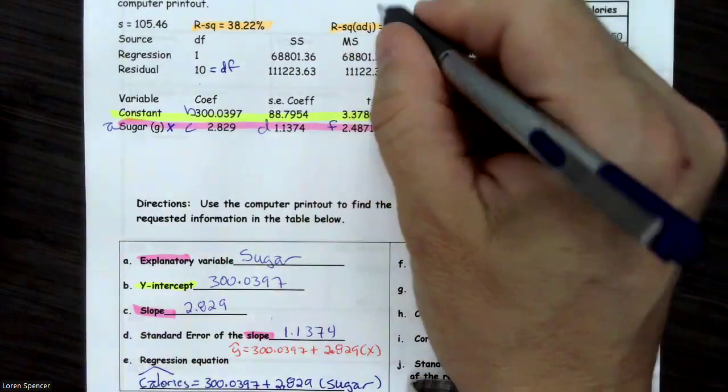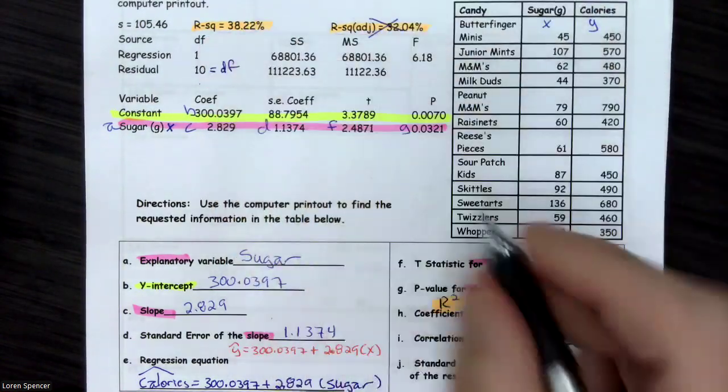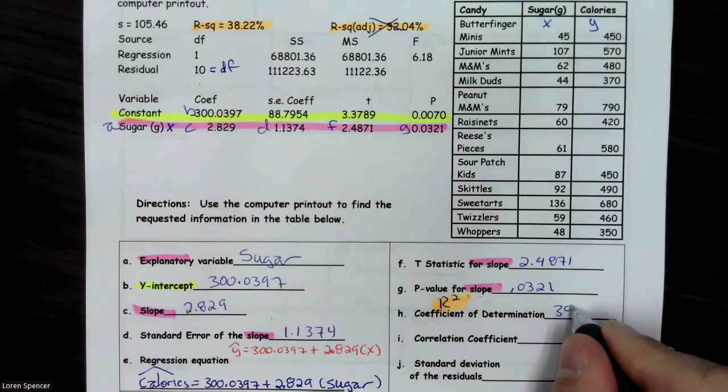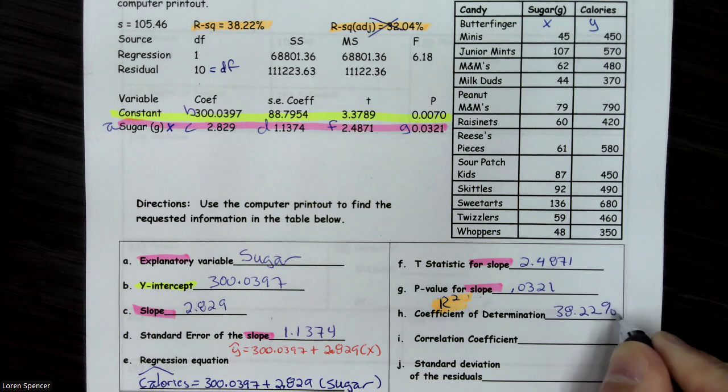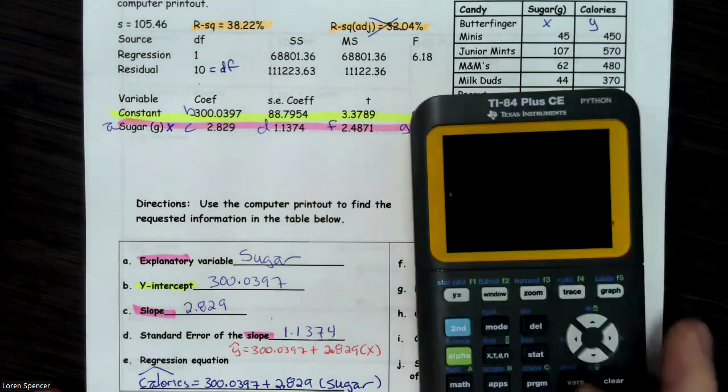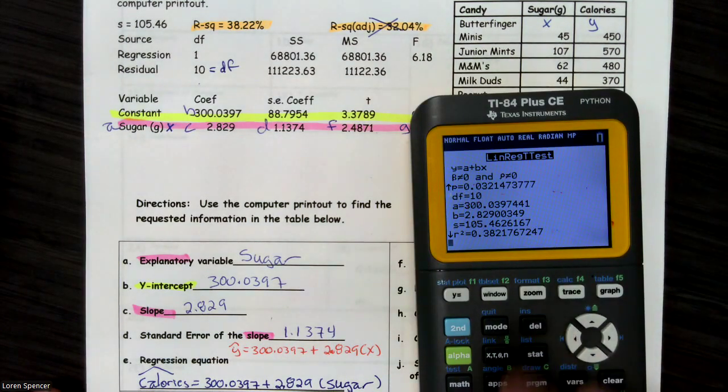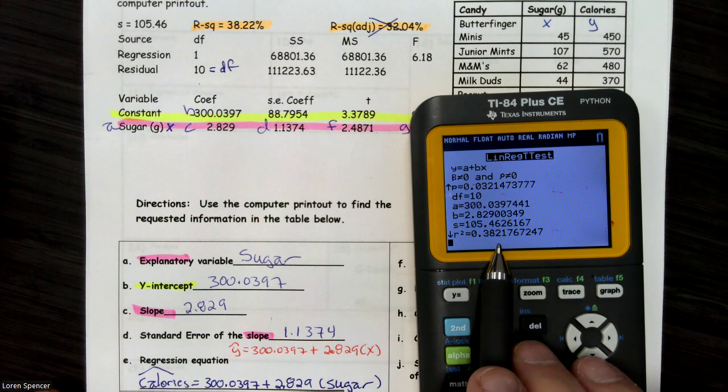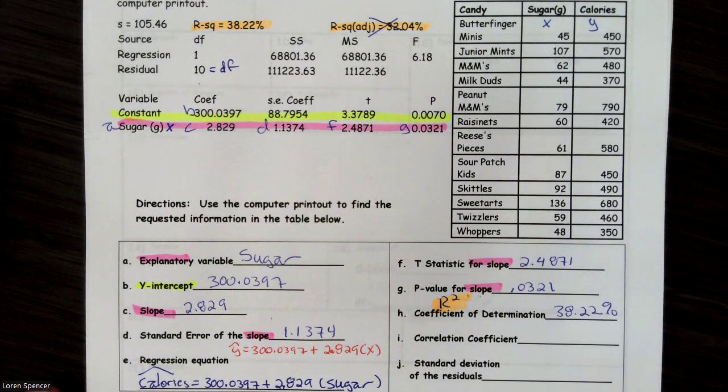We will never use the r squared adjusted, so our answer is 38.22%. Make sure you put a percent sign. And remember, when we ran this on the calculator, I got an r squared of 0.382 because all they did was turn it into a decimal, which means they divided by 100.